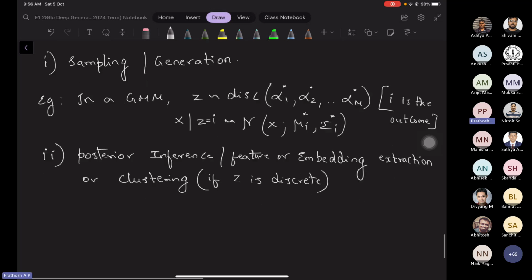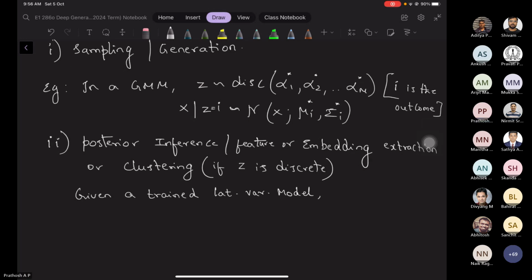Now what is this? Given a trained latent variable model, and given a data point X, you just compute q star of z given x.